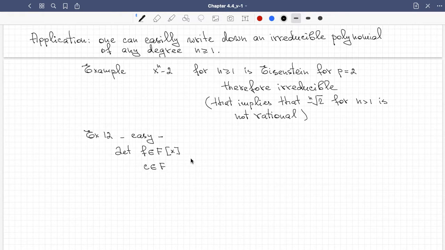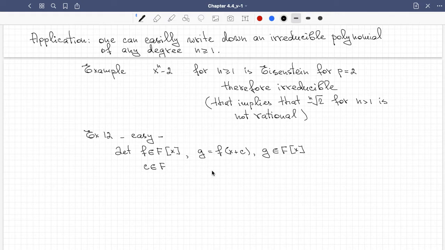So let's say g is f of x plus c. We plug in x plus c for x, and produce another polynomial. g is also a polynomial with coefficients in the field.